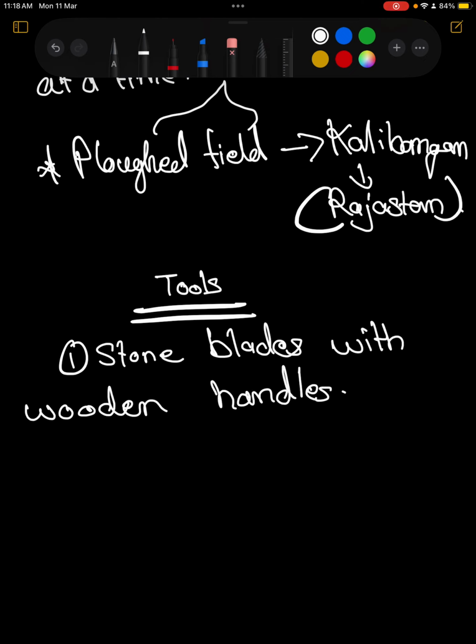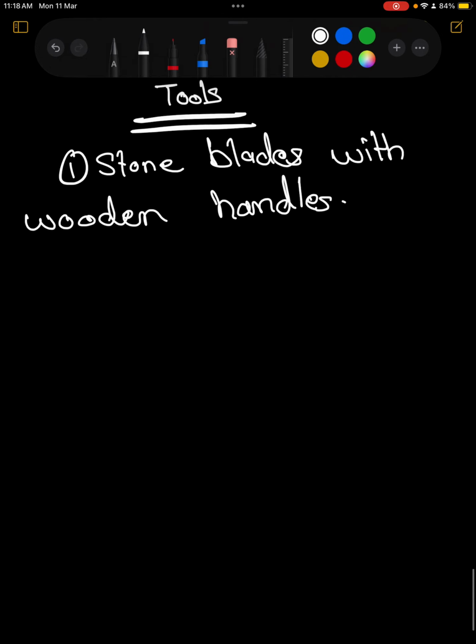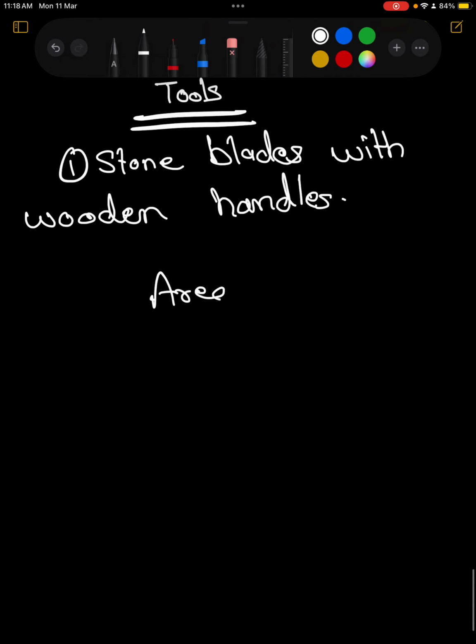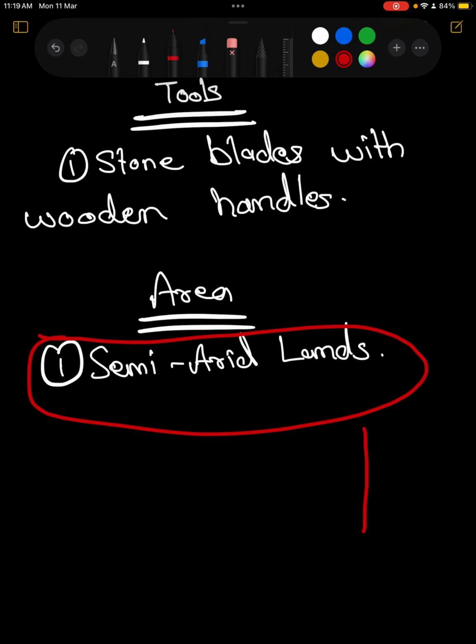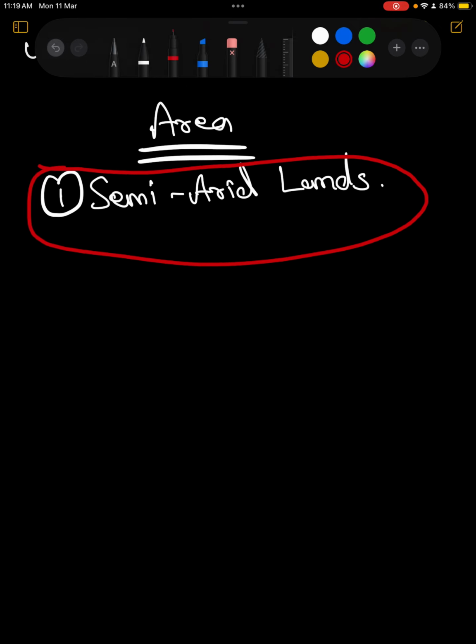And most importantly, what kind of area was mostly used by the Harappans to cultivate these crops? Semi-arid areas, arid lands. Very important. A one mark question, match the following, objective question, whatever kind of question could be asked from this.